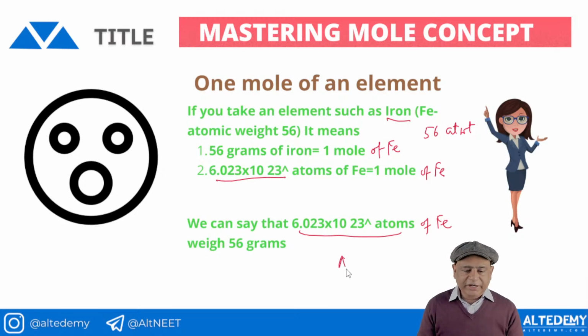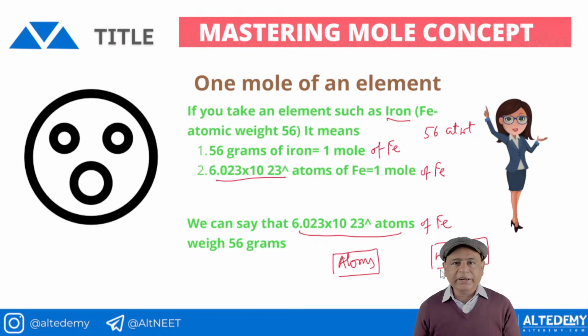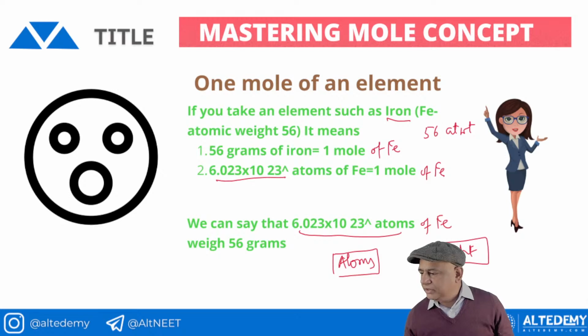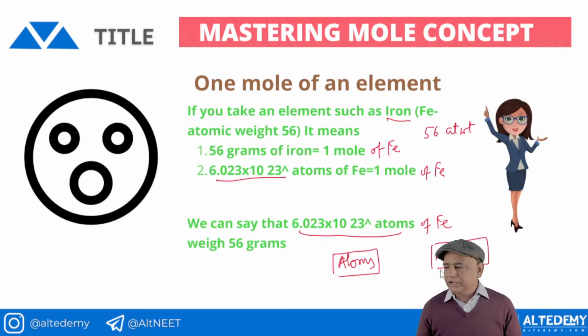We have connected atoms and weight. Look here. Gradually we will be increasing the intensity. I am moving very slowly, stepwise, connecting one thing, then two, then three, then four. Welcome, Athar. You are not late. We have connected atoms of iron with its weight.